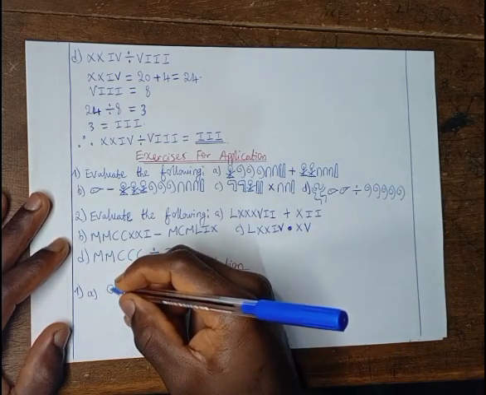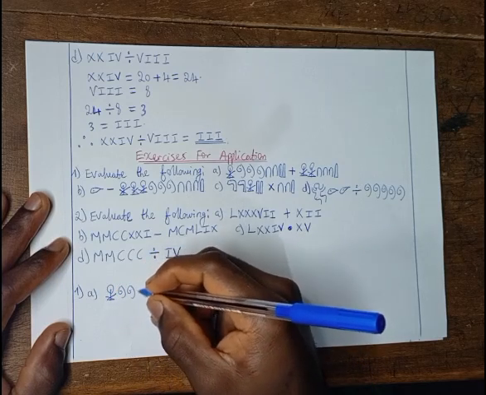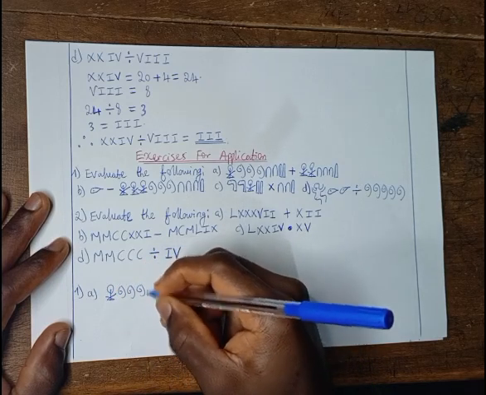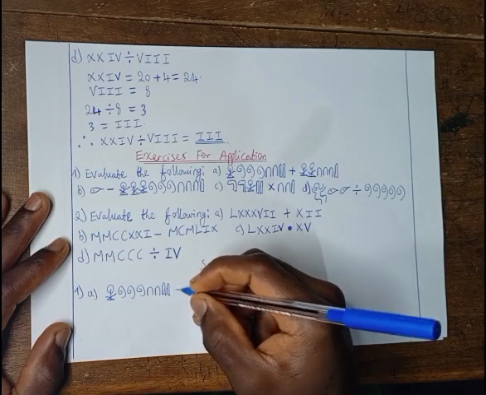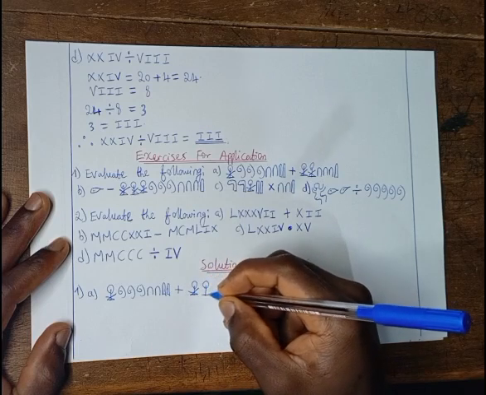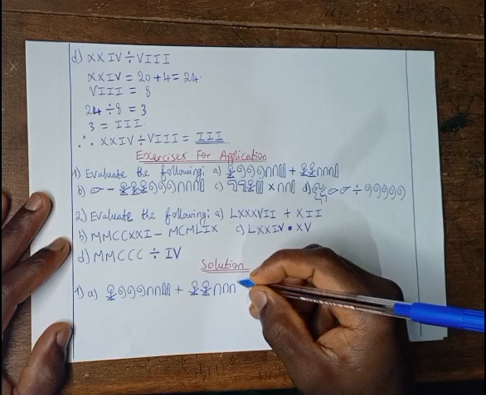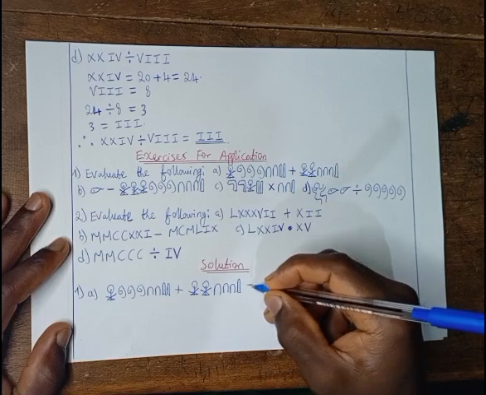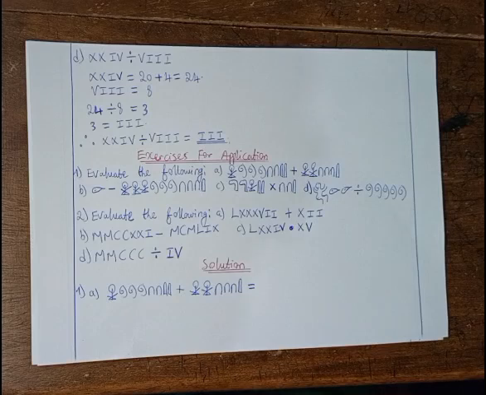We have two straight fingers plus a straight finger. In this case, adding these two Egyptian numerals is very easy.